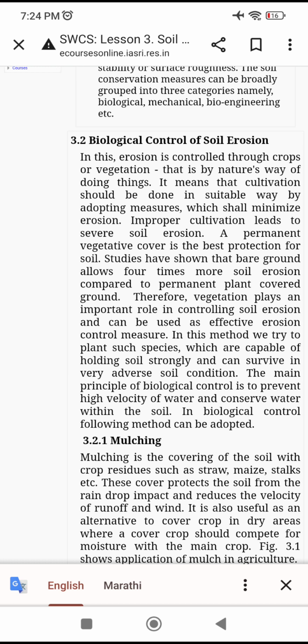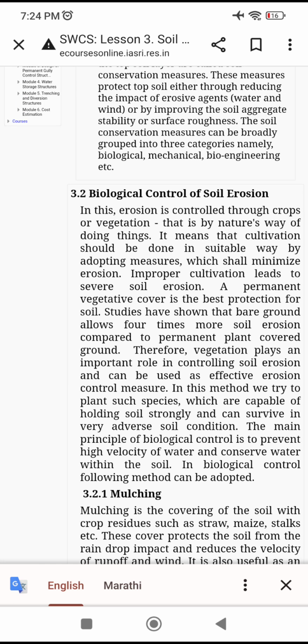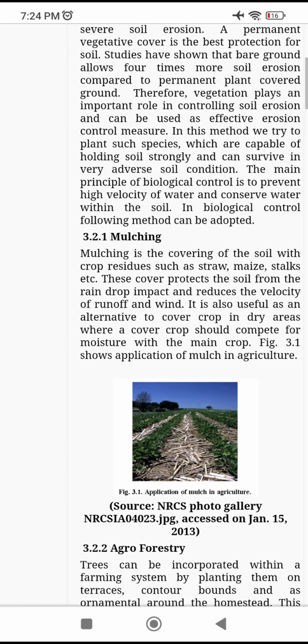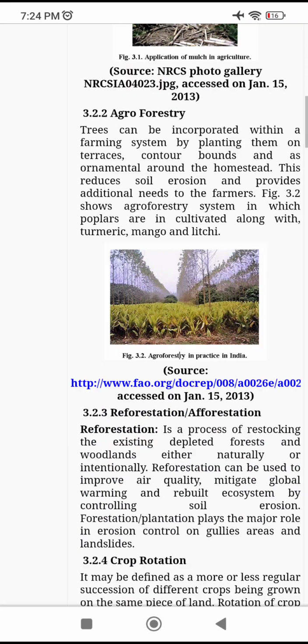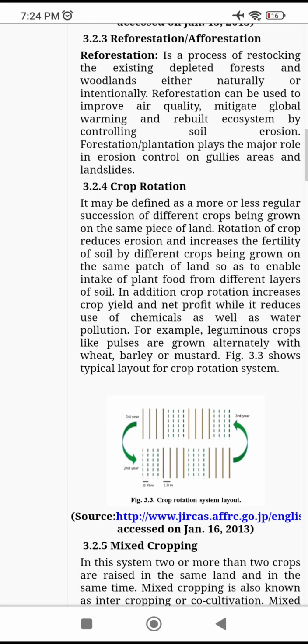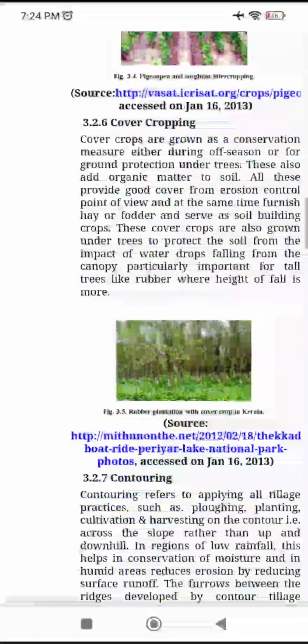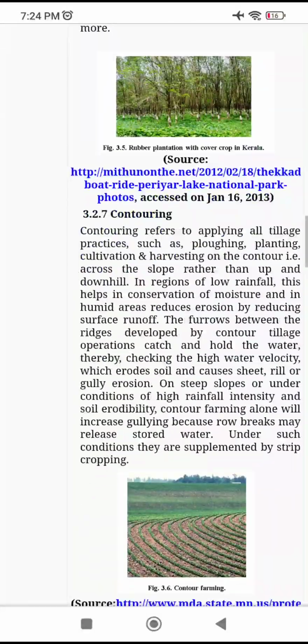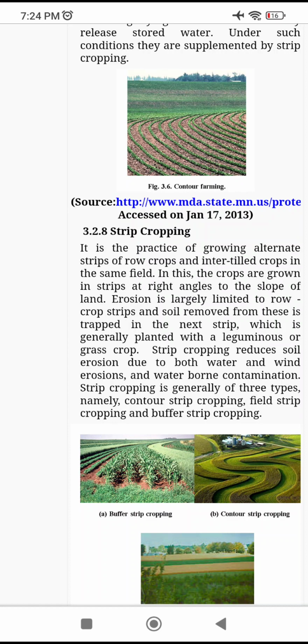Then biological control of soil erosion. There are three types of soil erosion control structures: one is biological, one is mechanical, and another one is bioengineering. In biological, erosion is controlled through crops or vegetation: mulching, agroforestry, reforestation or afforestation, crop rotation, mixed cropping, cover cropping, contouring, strip cropping.